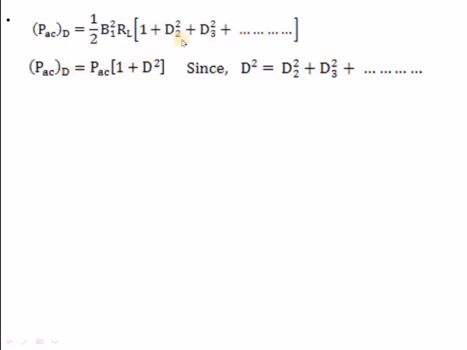These D2, D3, D4 and so on can be written together as the distortion. So the equation becomes PAC with distortion equal to the AC power into 1 plus distortion square. So we can say this is the power delivered to the load due to harmonic distortion. Hope you guys understood the topic.